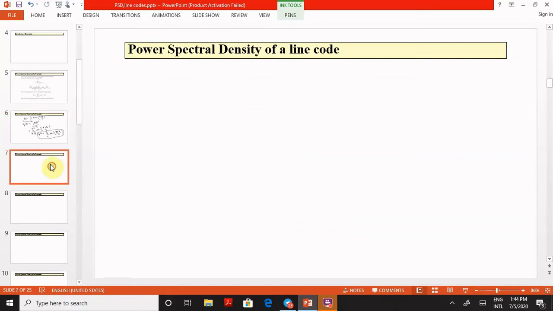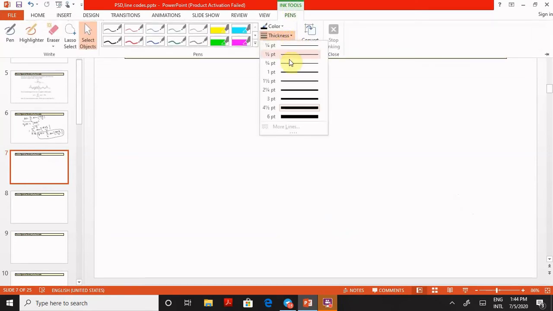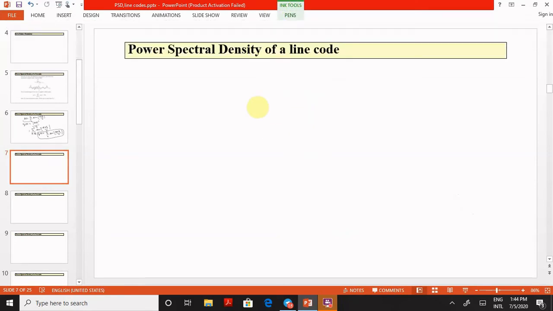Now if we draw this power spectral density, we know that the power spectral density is the relationship between frequency and power. On this axis we can plot frequency, and on this axis we can plot the power of the signal.